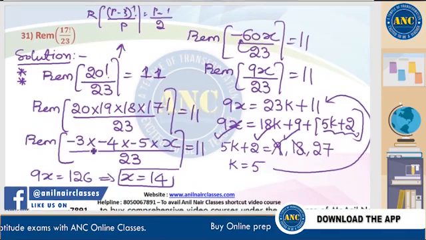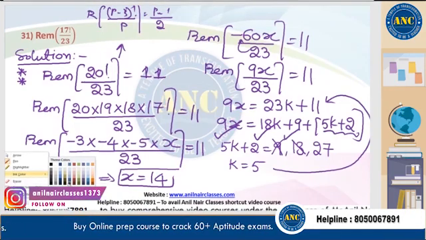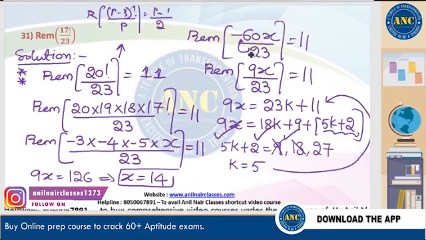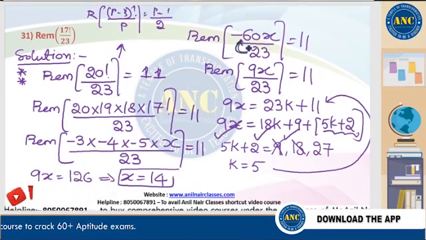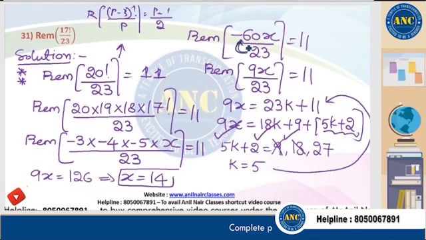Minus into minus into minus; 3 fours are 12, 12 fives are 60. 23 threes are 69, minus 69, minus into minus is plus, 9x divided by 23 is 11.